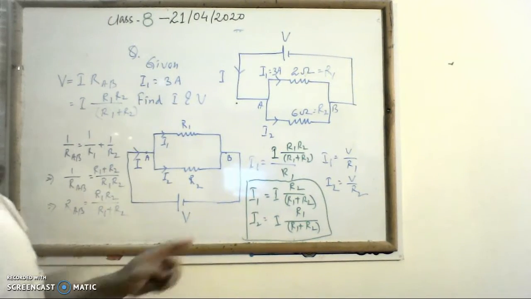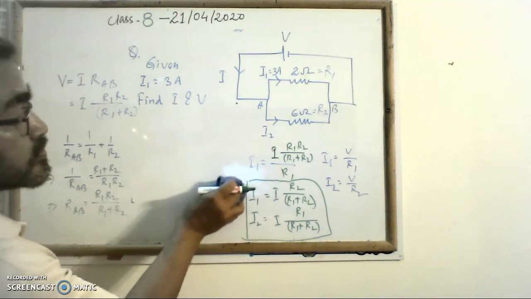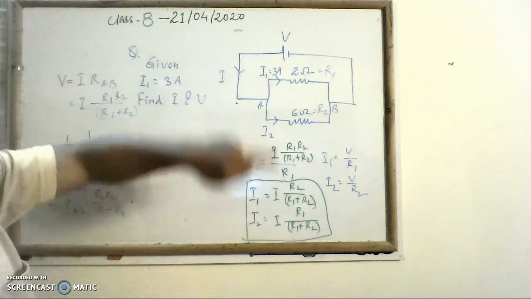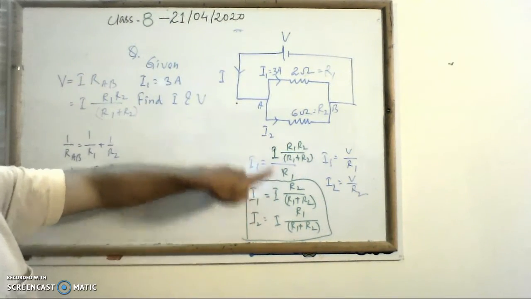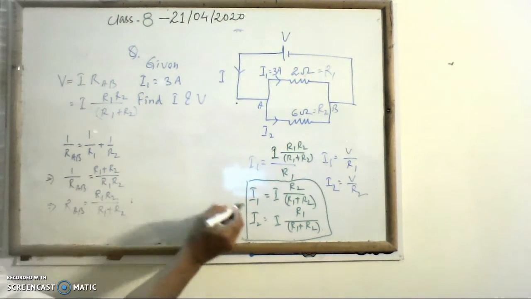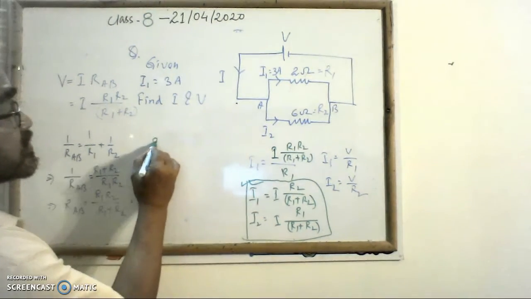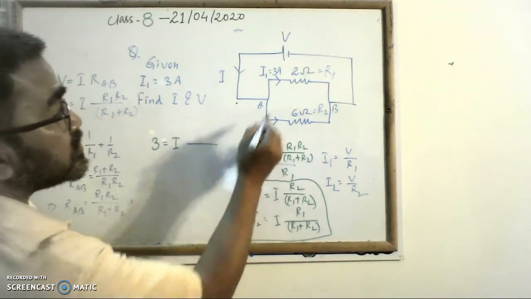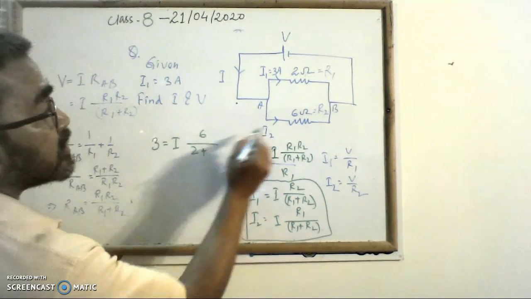How? You see, we are asked to find out I and V. So I1 is given as 3 ampere. This is the equation through which you can find out. So take this equation for I1. I1 is equal to 3, I is unknown, R2 is known as 6, R1 plus R2 is 2 plus 6.